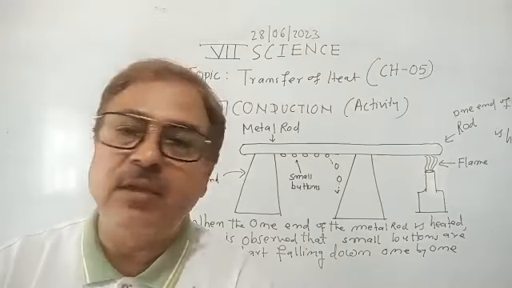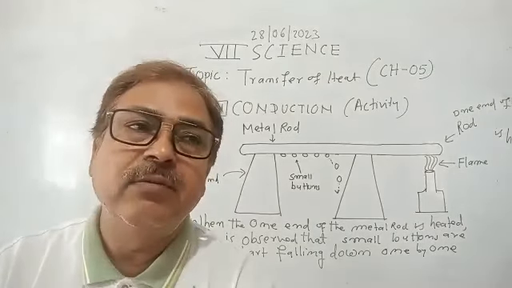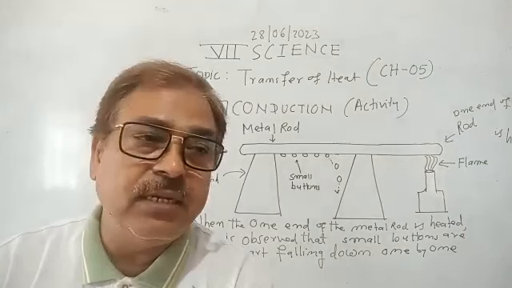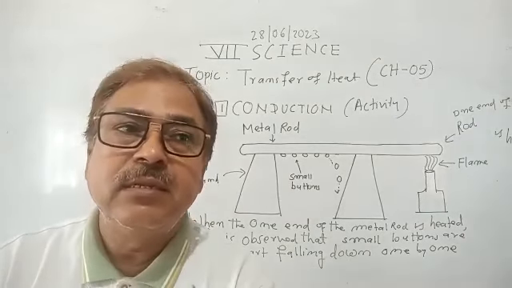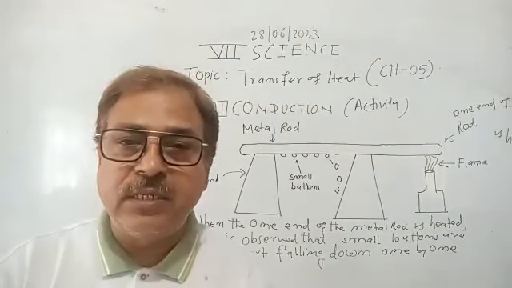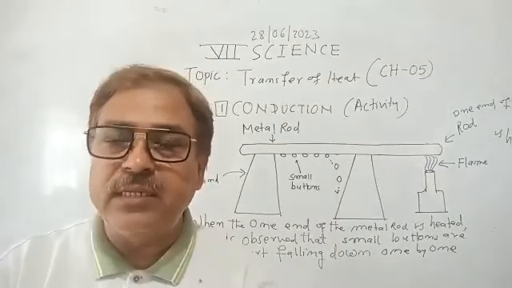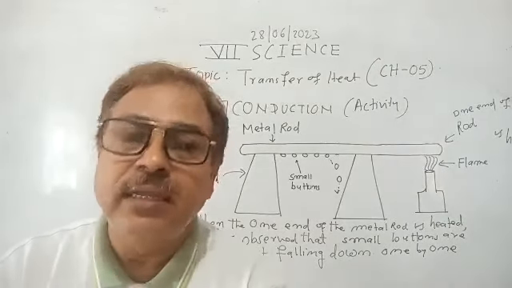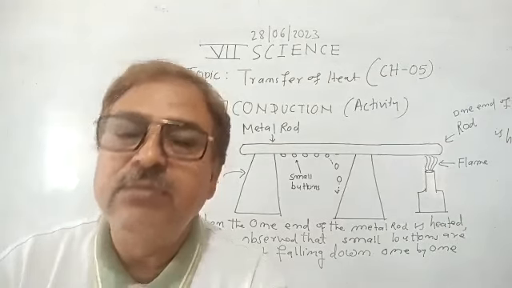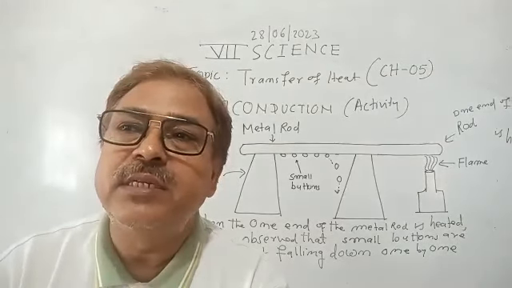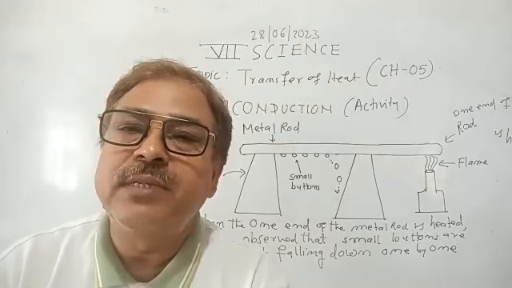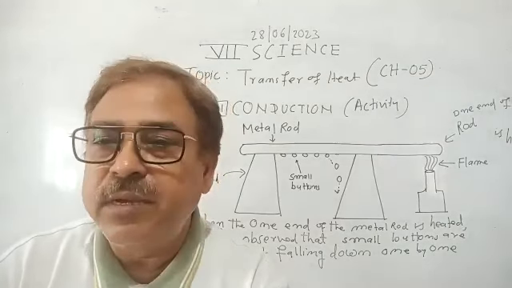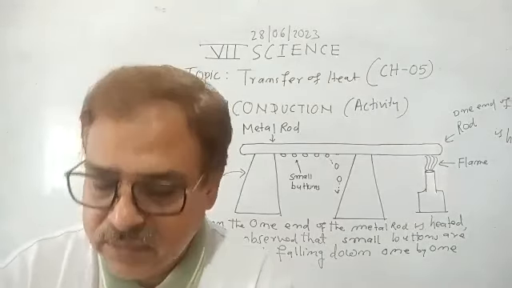The temperature of that end also increases. When the temperature of one end increases, what happens then? The particles of the rod start to vibrate inside its material, and due to vibration about their mean position, they start to transfer their energy from one particle to another particle inside the metal rod.